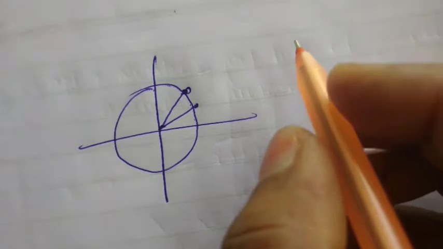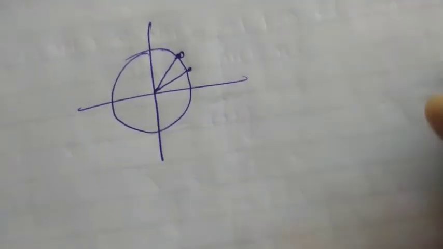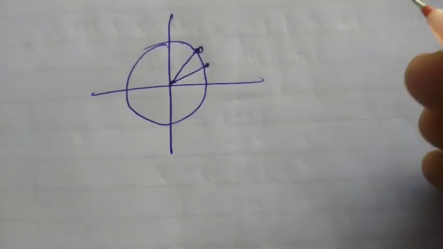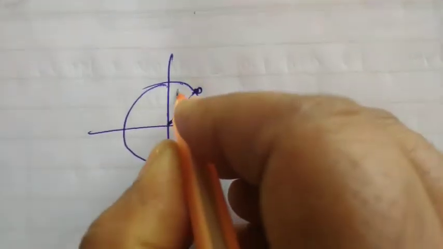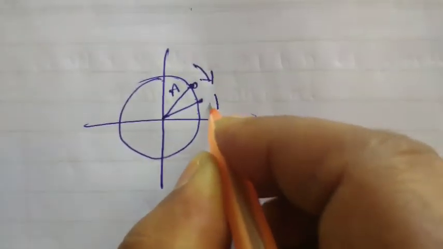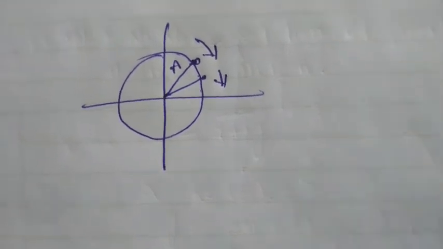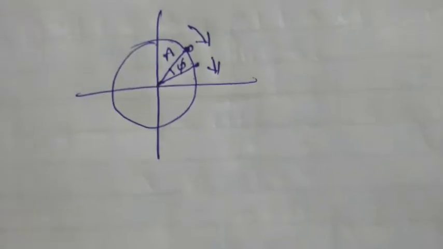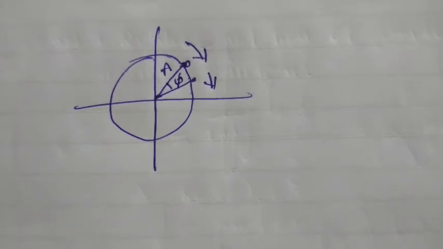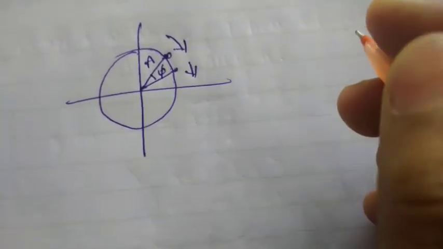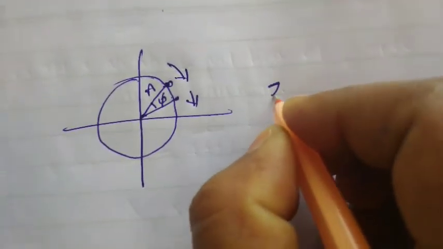Both move clockwise on a circle of the same radius a, separated by an angle phi.